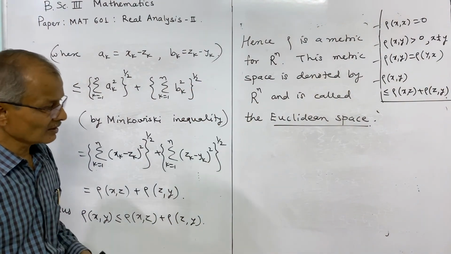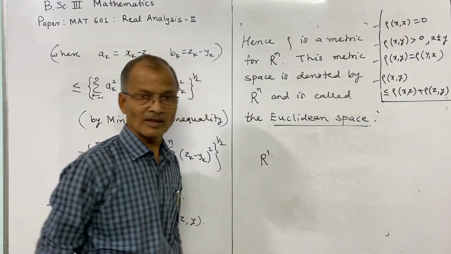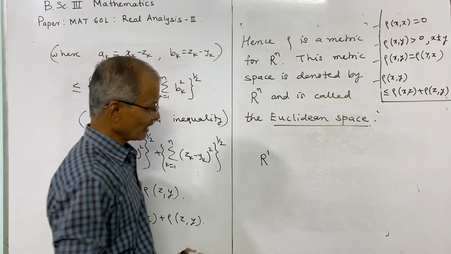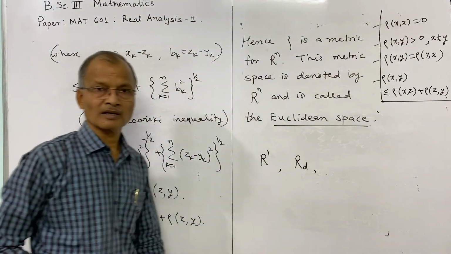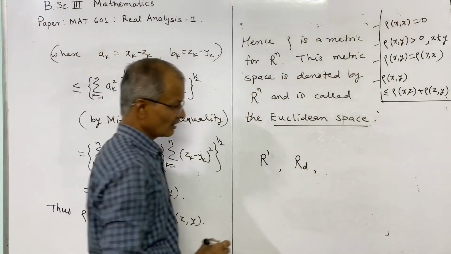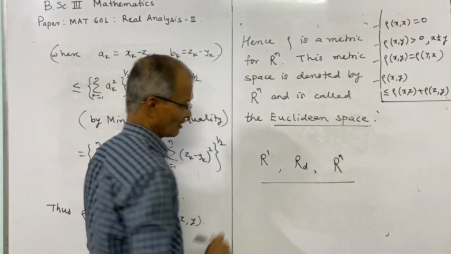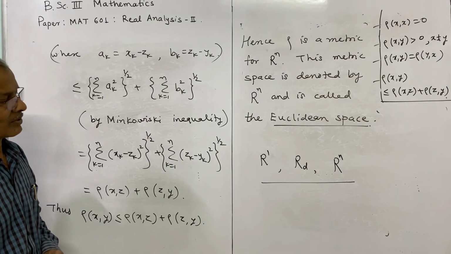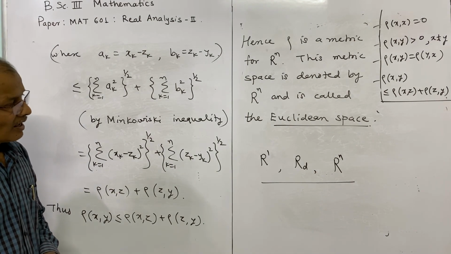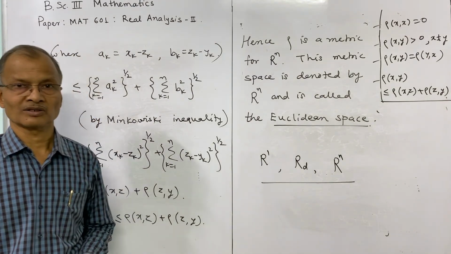So we have studied three examples, that is R1 with absolute value metric, then second is RD, that is a discrete metric space, and third we have just studied, that is Rn, the Euclidean metric space. So these are three standard examples of metric spaces. Remaining examples we will continue in the next lecture. Thank you.